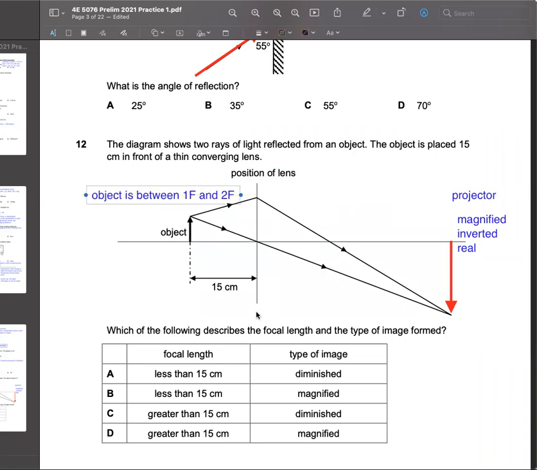Okay, so the focal length must be more than... Where will the focal length be? Will it be more than 15 or less than 15? More than 15. It will be greater than 15. Okay, then of course this image is magnified.